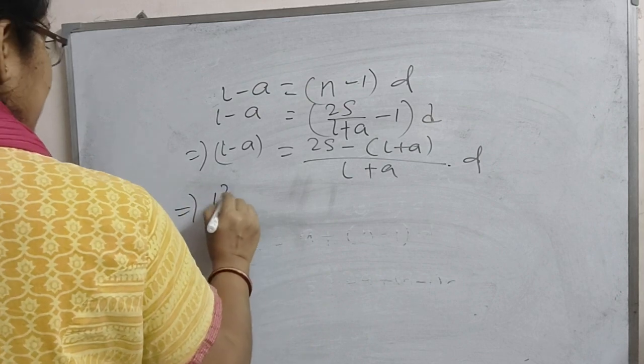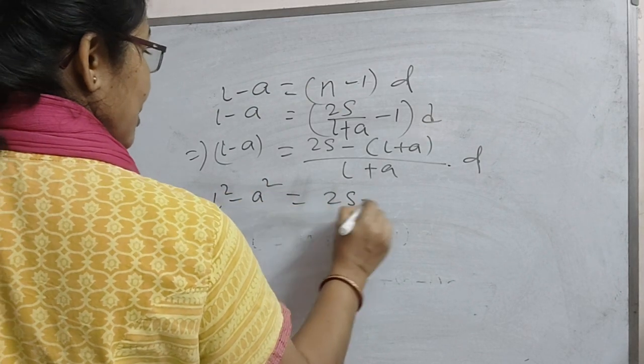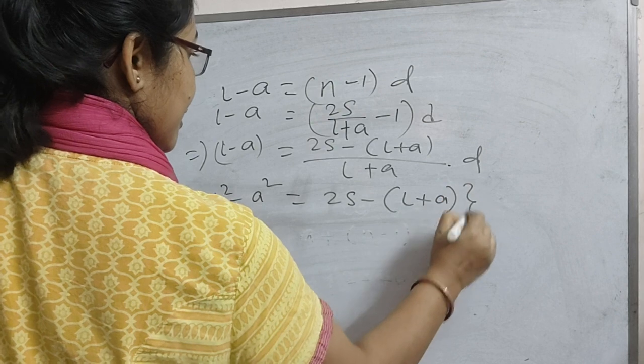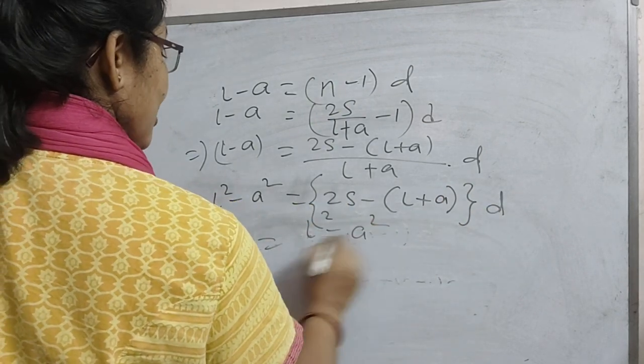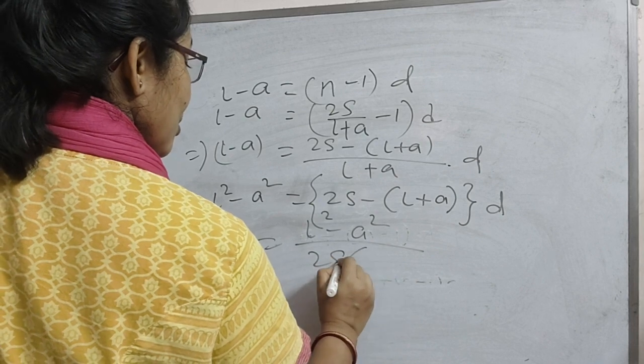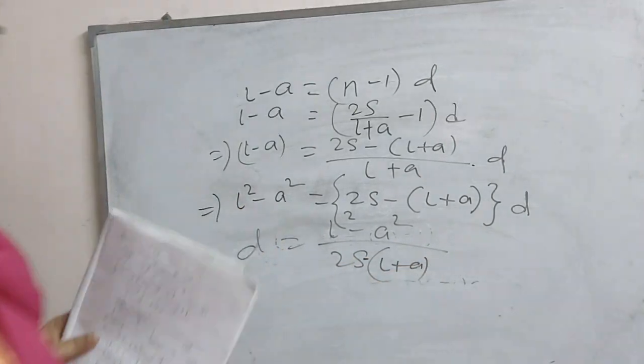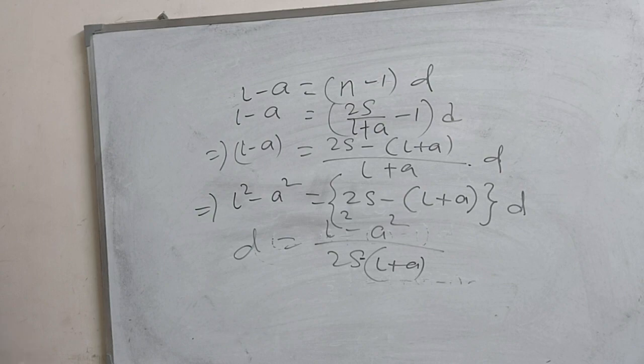So L square minus A square equals (2S minus L plus A) into d. So d equals (L square minus A square) by (2S minus L plus A). Okay.